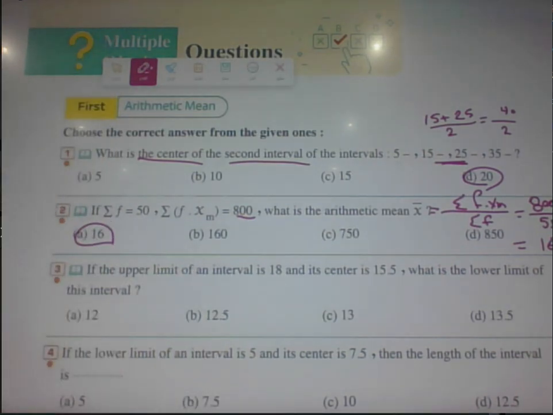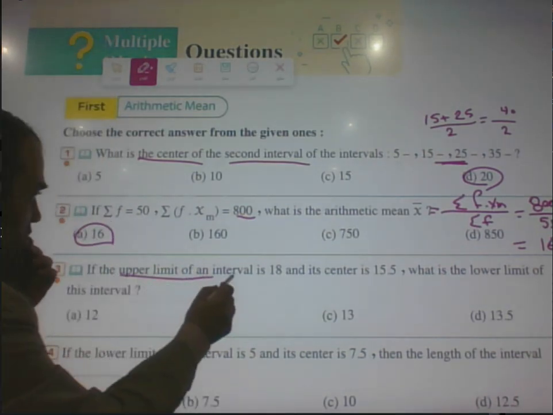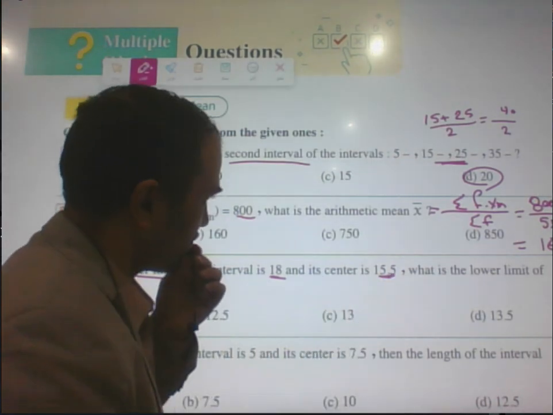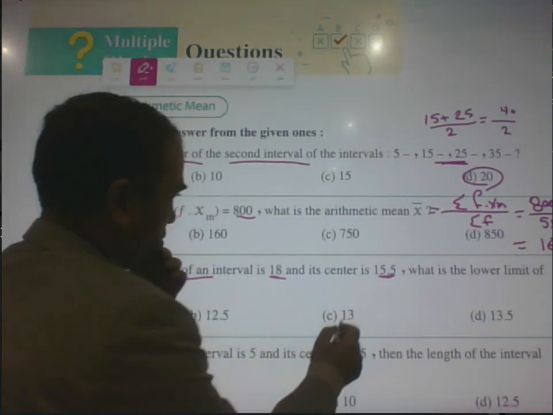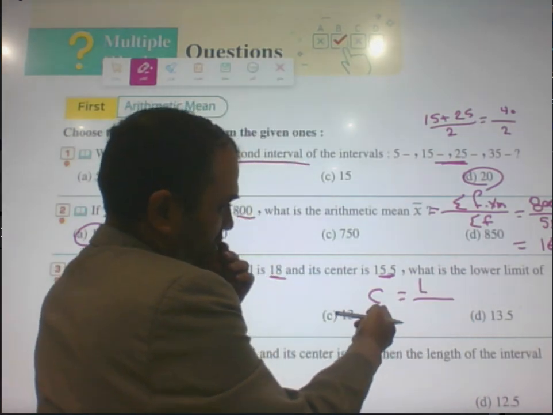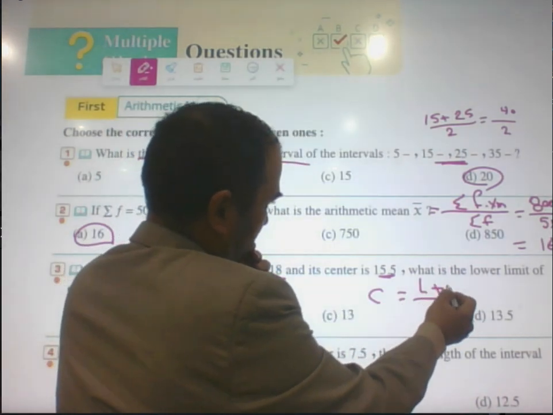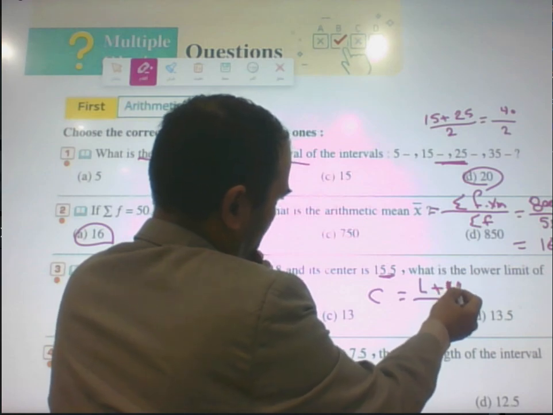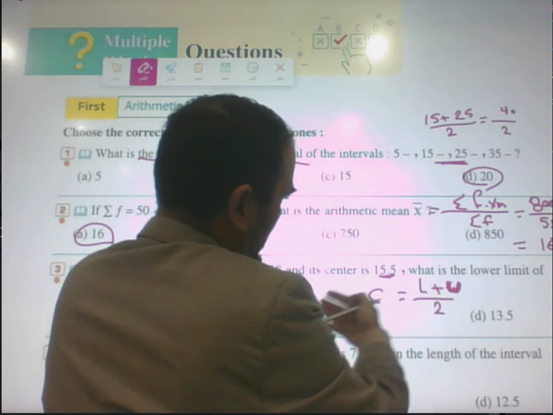Next question, number 3. If the upper limit of the interval is 18 and its center is 15.5, what is the lower limit? Okay, we have the rule here. Look with me at the rule. The center of class equals lower plus upper divided by 2. You know the rule.